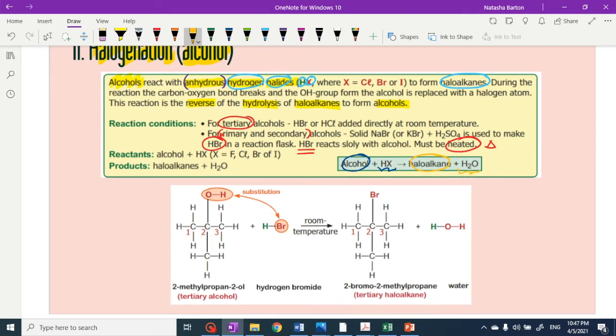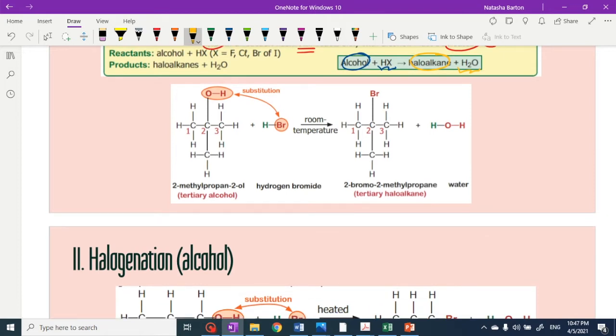So let's start off with an example of a tertiary alcohol. A tertiary alcohol is one where the carbon onto which the OH is attached, that carbon is bonded to 3 other carbons.